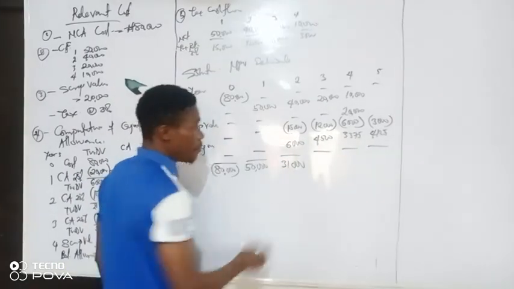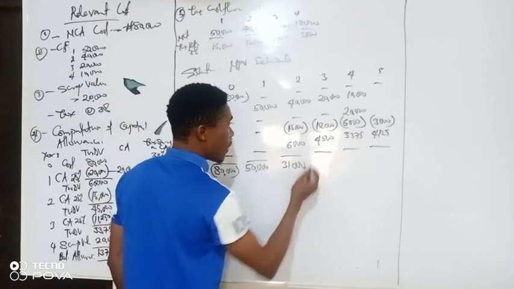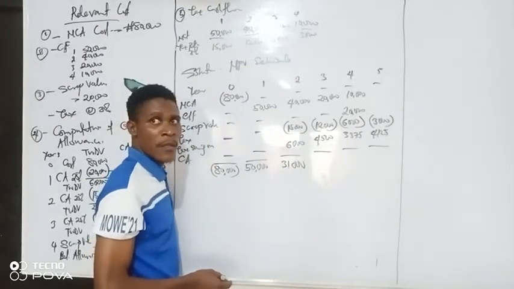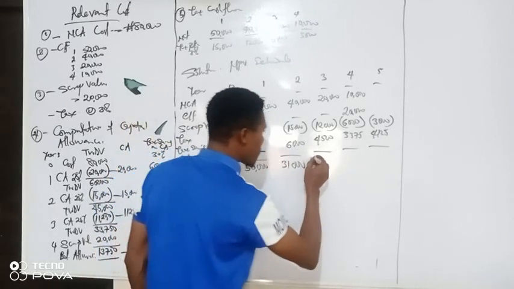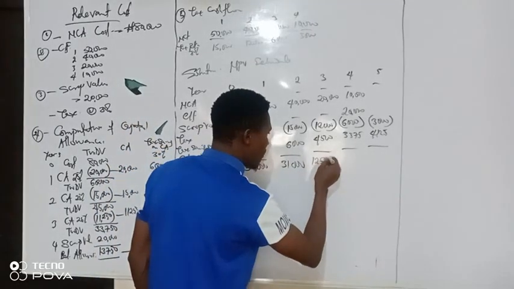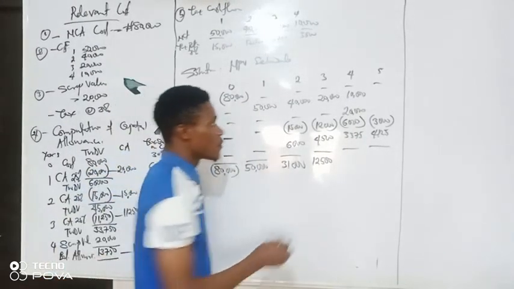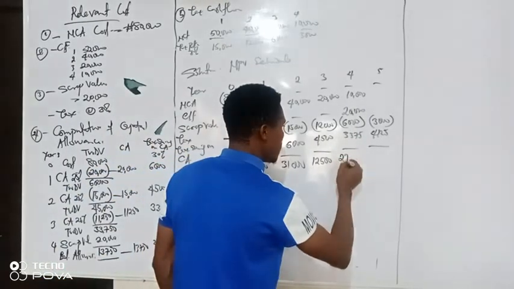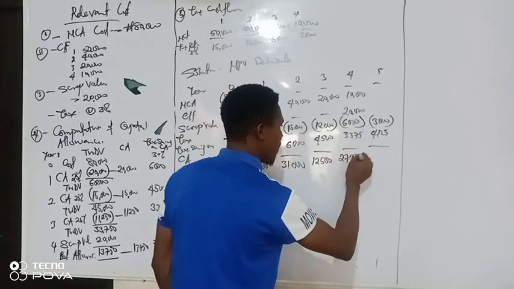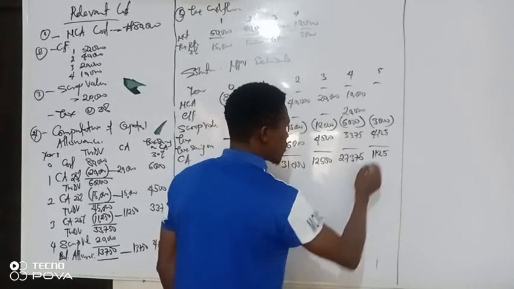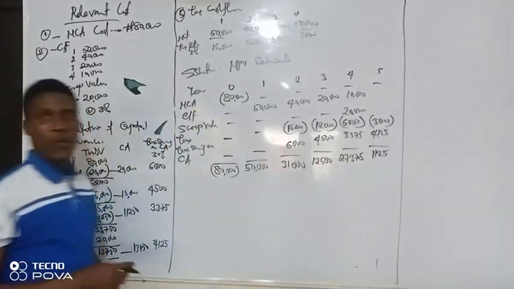We have a calculator. 12,500, followed by 375, 1,125. After all that, what do we do next?